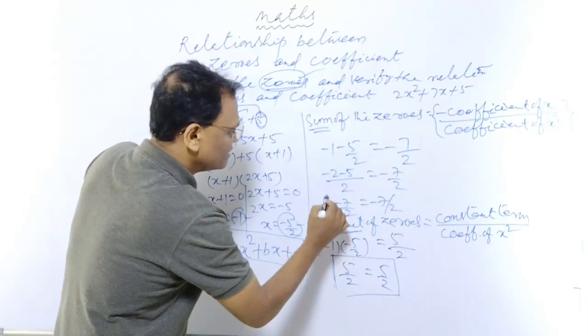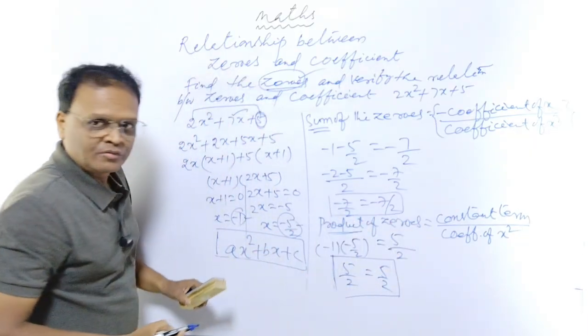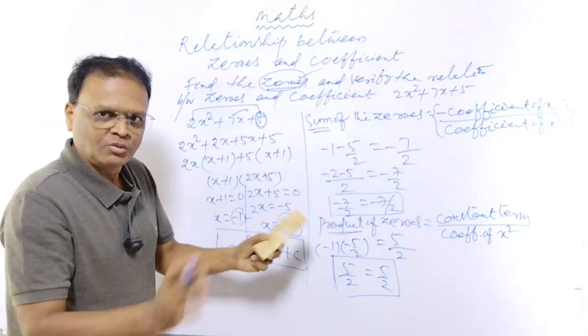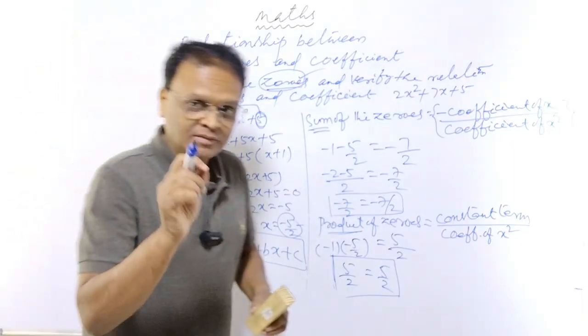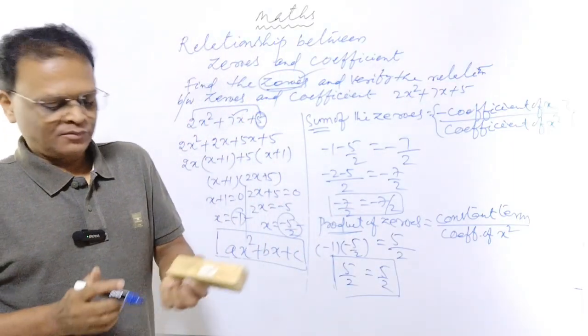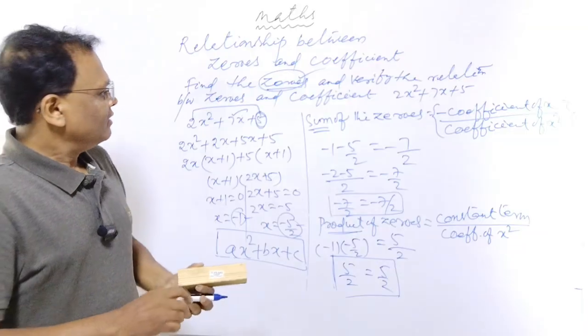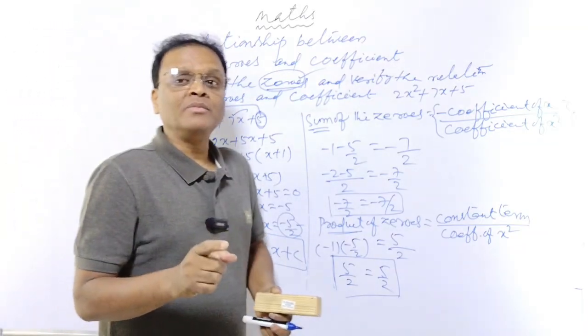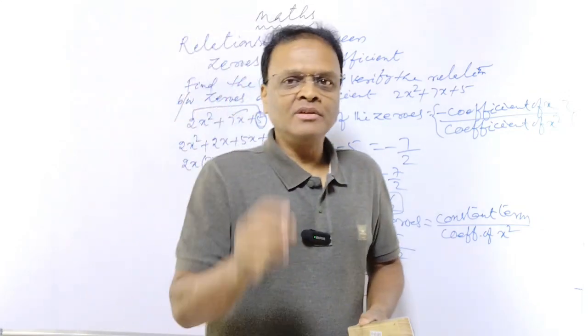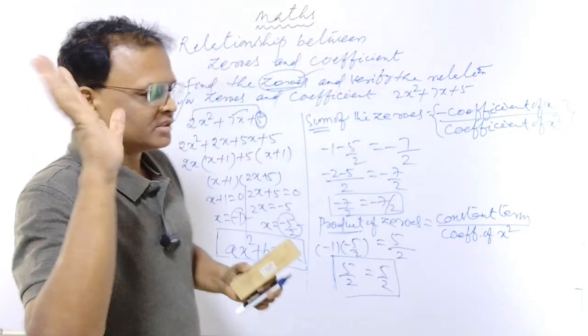Look at it, the sum of the zeros and coefficients are equal. So this type of question is very important for your examination: how to find zeros and how to verify the relation between the zeros and the coefficients.